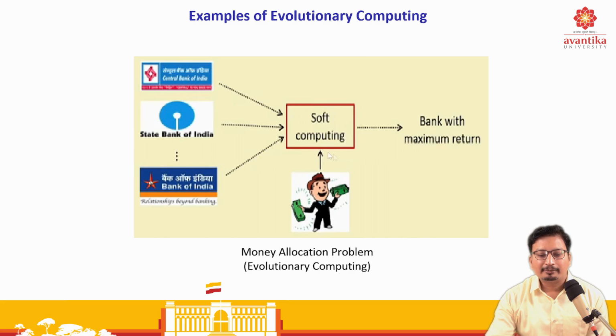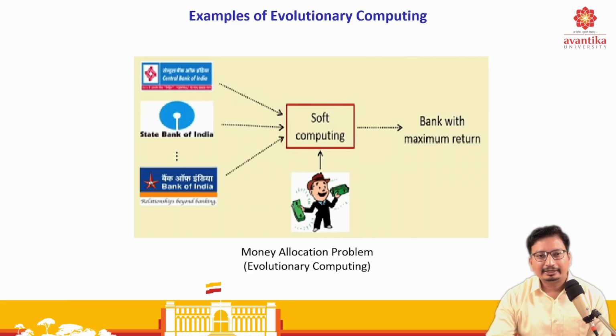The problem of selecting which investment policy or which bank is handled by the evolutionary algorithm on the basis of the best individual, meaning which particular bank and which particular scheme he has to select. Instead of putting all this burden on the human being, this soft computing approach solves the problem so that a person can get the maximum return.